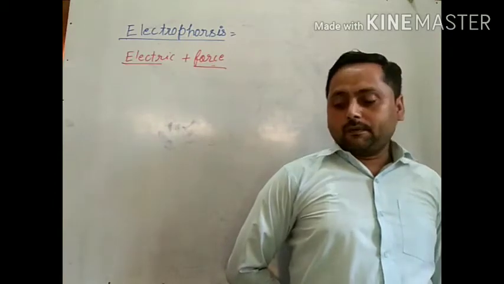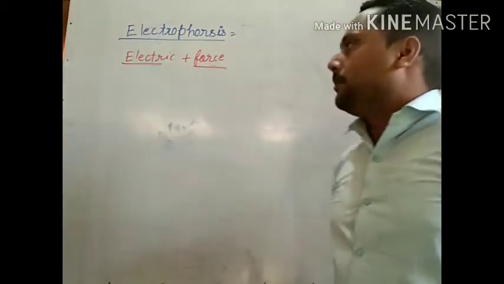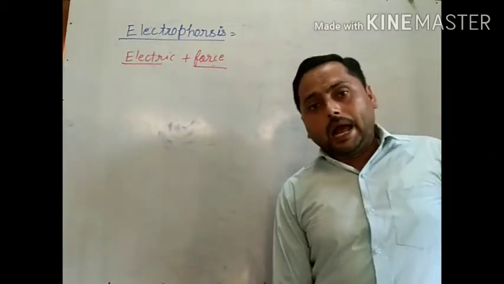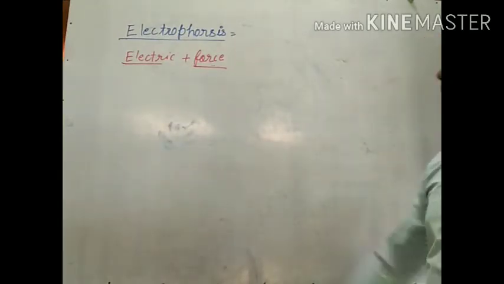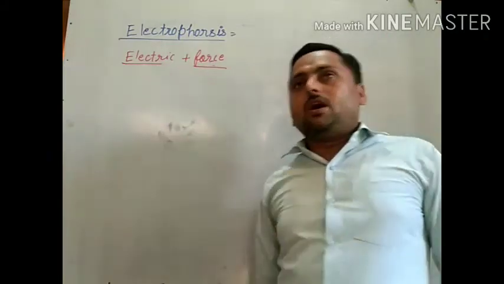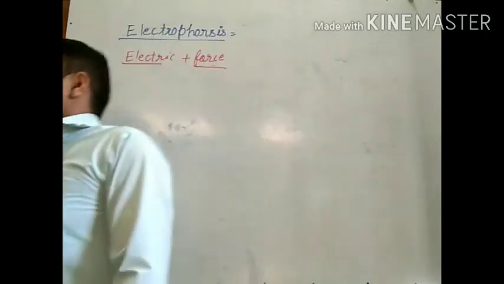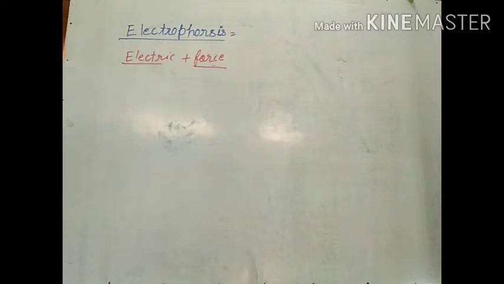The process of movement of colloidal particles under an electric potential is called electrophoresis. It can be understood by the following experiment.